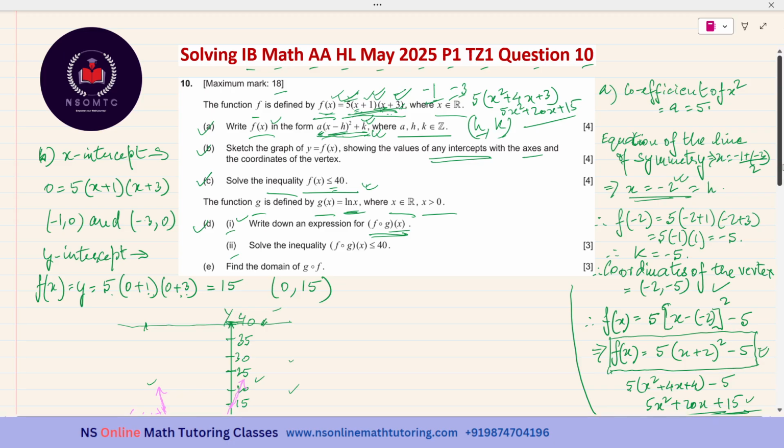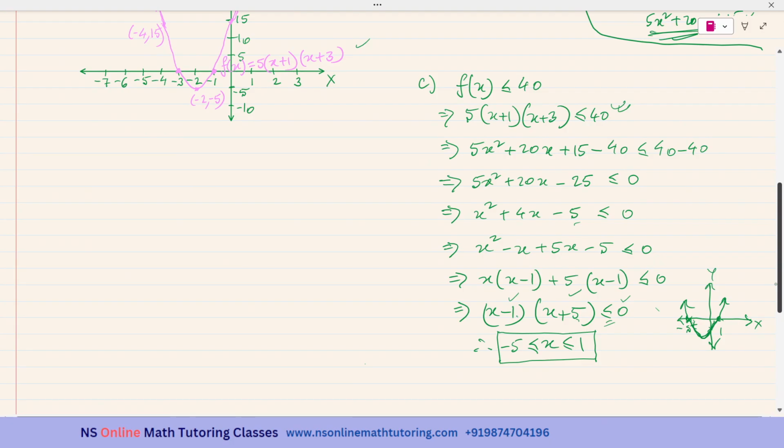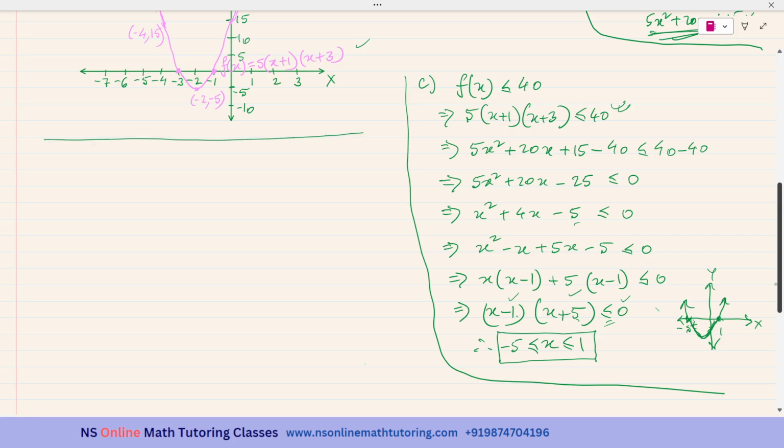Okay, so let me start my answer from this point because I can see the f of x expression over here. So this is f of g of x, and g of x is equal to ln of x. Okay.